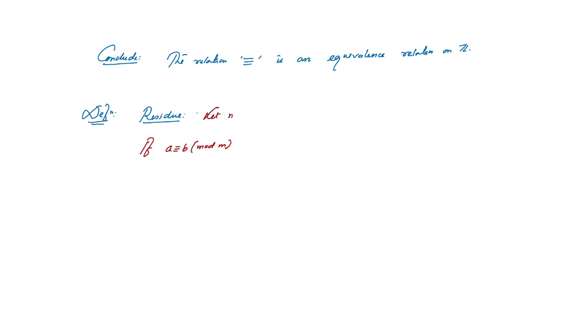Let M be a positive integer and A, B be integers. If A is congruent to B mod M, then B is called a residue of A modulo M.